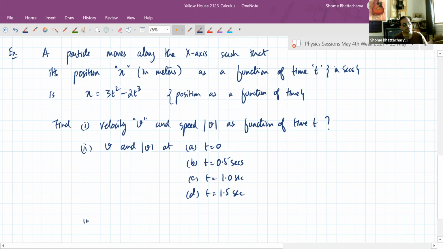And then we want to find the acceleration and its magnitude, both the things, at the same 4 instants. Okay, so just start working this question out.